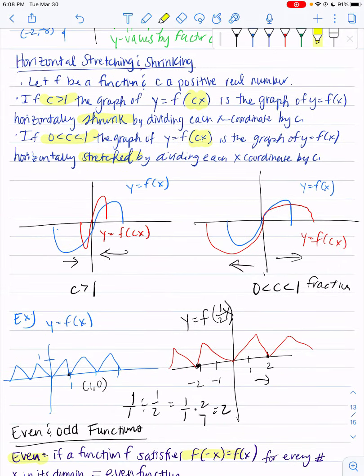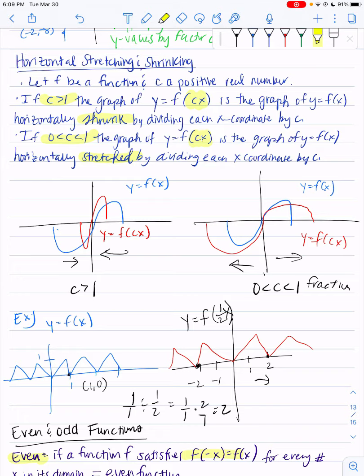Alright, now we have horizontal stretching and shrinking. So this is also the tricky one with the stretching and the shrinking. It's usually the horizontal ones that are a little bit different. So again, we have f as a function and c is a positive real number.